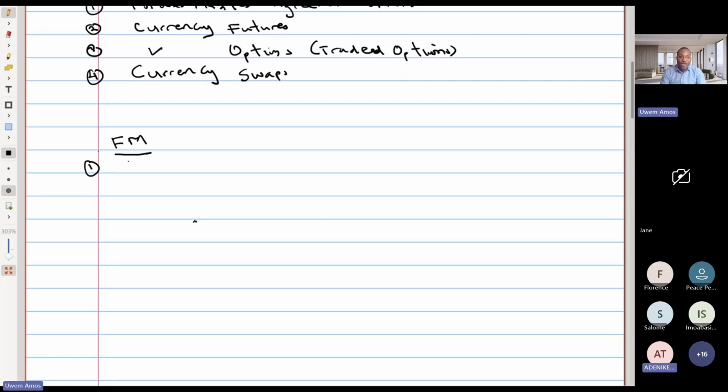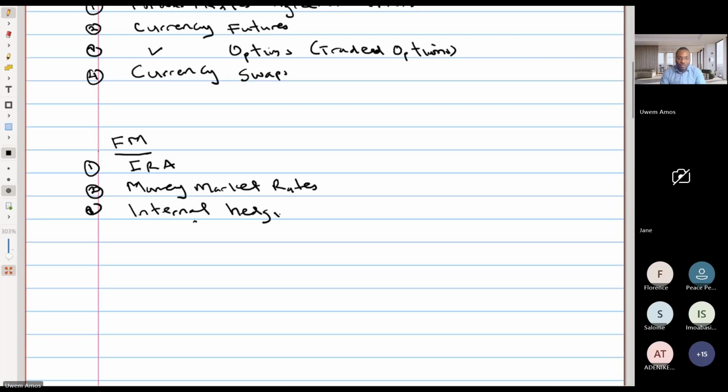For FM you would have done FRAs. For FM you would have done the money market rates. And for FM as well, you would have done a number of internal hedging techniques involving home currency, netting, and all of that.